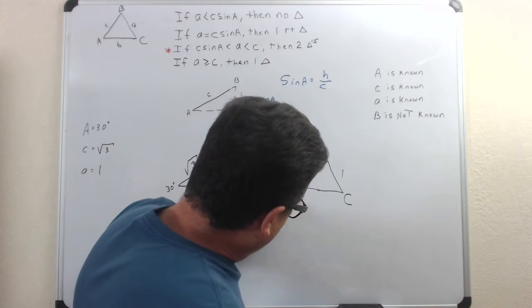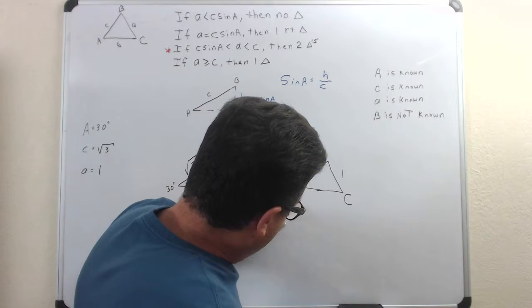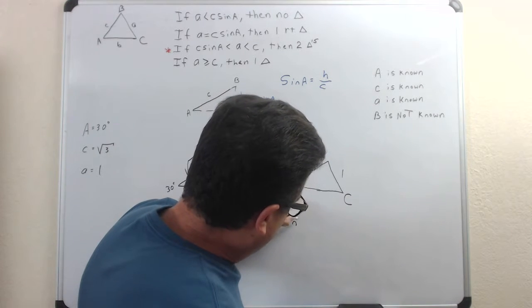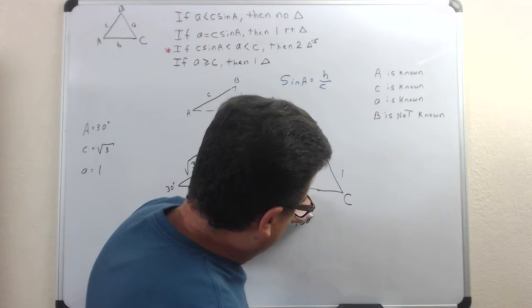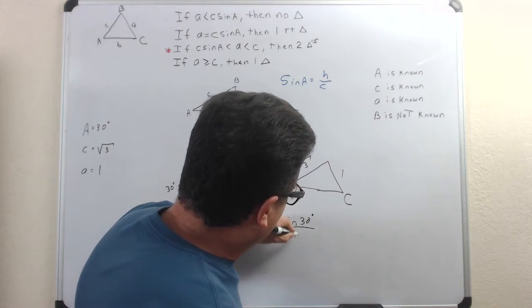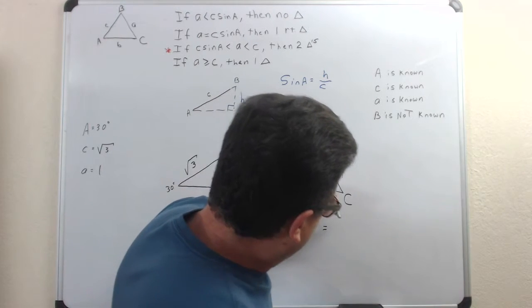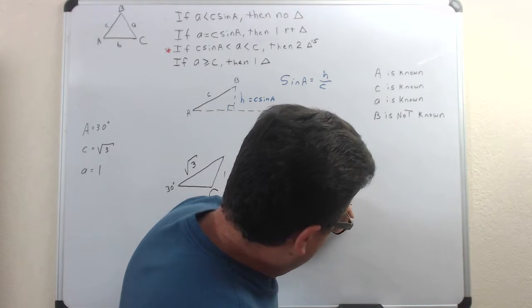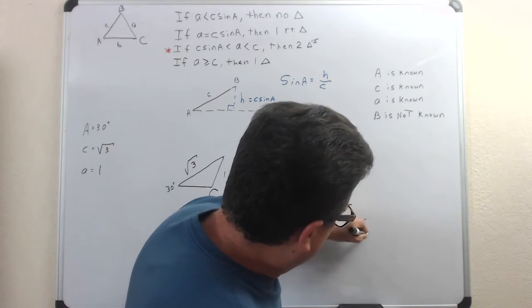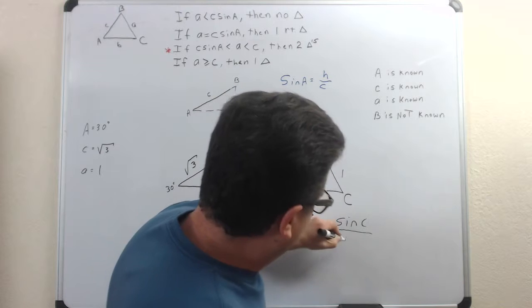So we have, using the law of sines, sine of 30 degrees over 1 equals sine of C divided by the square root of 3.